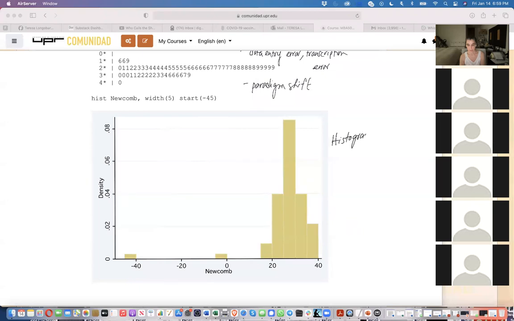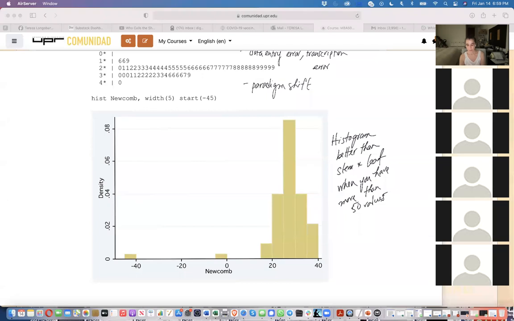And we usually use a histogram, it's better than stem and leaf when you have a lot of data. I'll just say more than 50 values. So when you have a lot of data, you use a histogram.